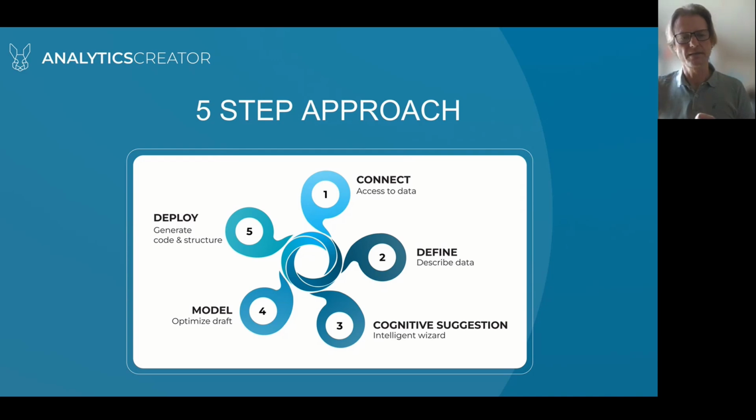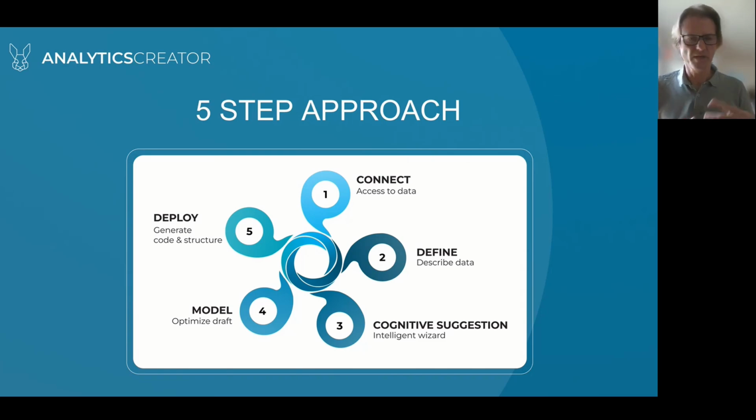phase, there is an intelligent wizard which helps you to do the design. AnalyticsCreator pulls out the information from your metadata description and gives you a draft data warehouse model. In phase 4, with this draft model, the development starts.